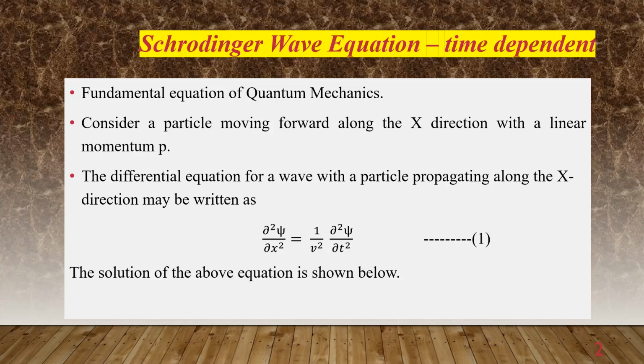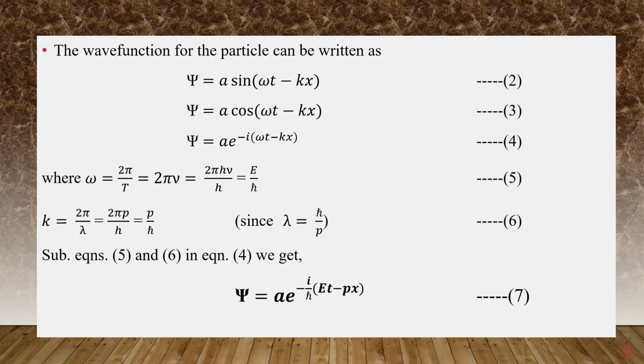The solution of this equation 1 can be written in different forms, that is, in sine form, cosine form, or exponential form. The solution is the wave function. So the wave function of the particle can be written in terms of a sine function, cosine function or exponential function.